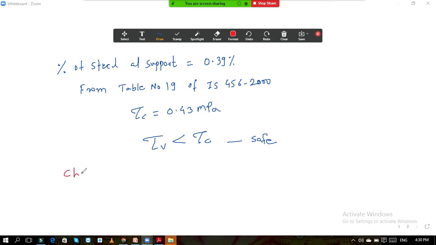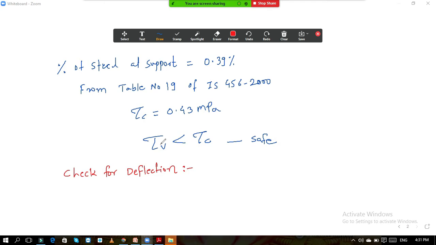Next is the check for deflection. I have told you, if your assumed percentage of steel is greater than your percentage of steel provided, then there is no need to take the deflection check. But here in our case, we have assumed 0.3 initially.